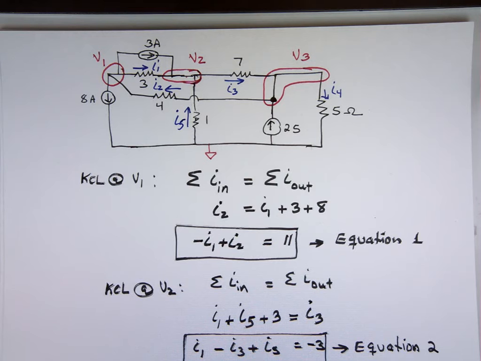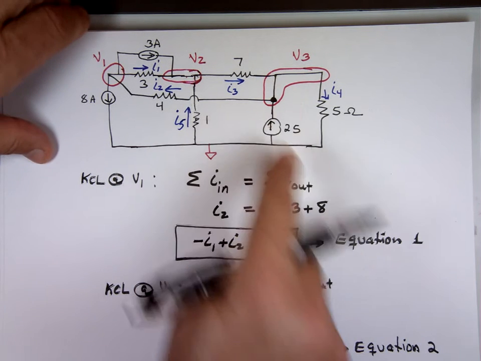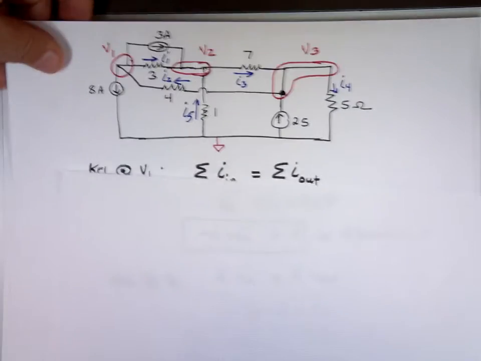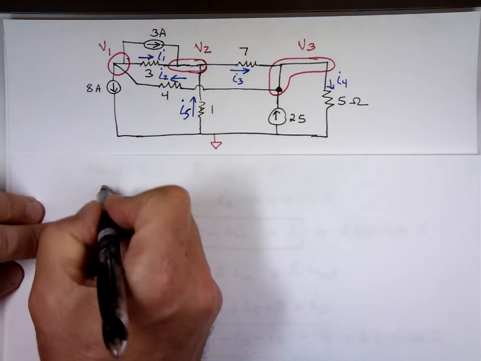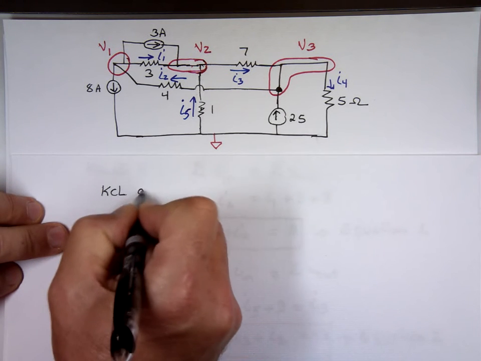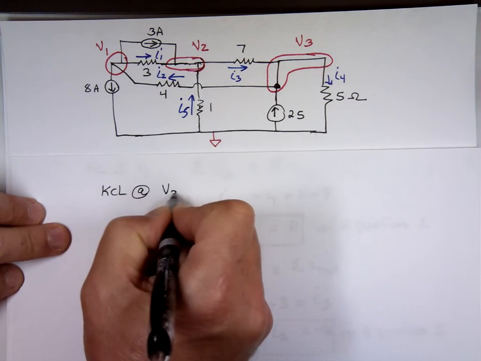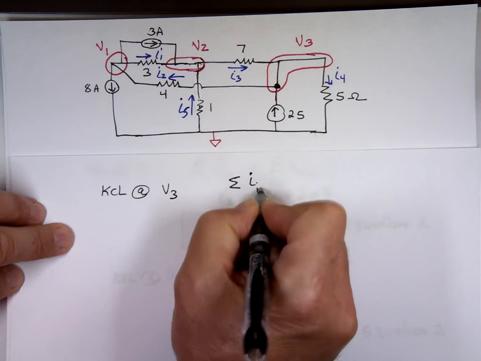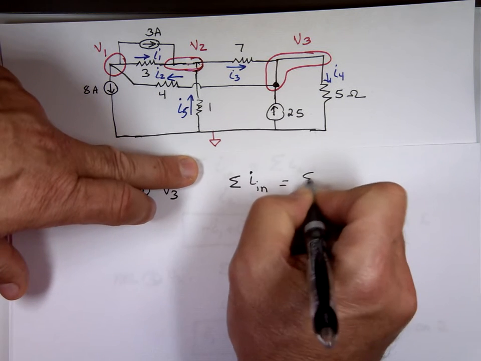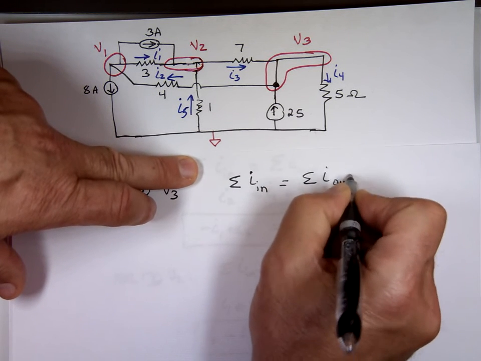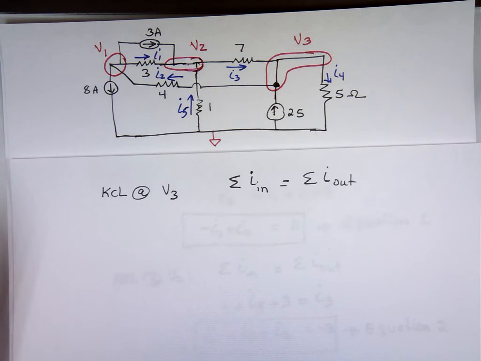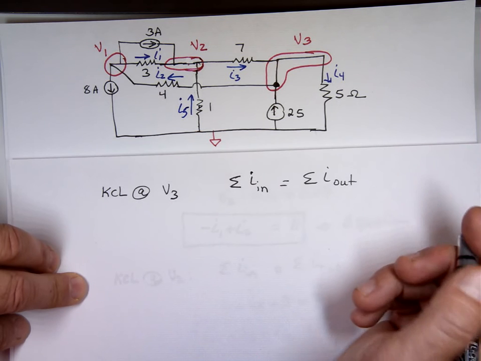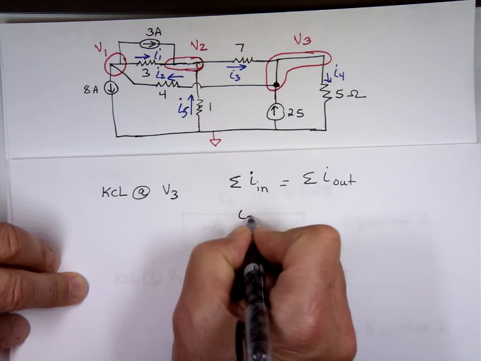Let's do one more. KCL where? At node 3. Again, the current in equals the current out. Going to that node, I see the I3, I see the 25.